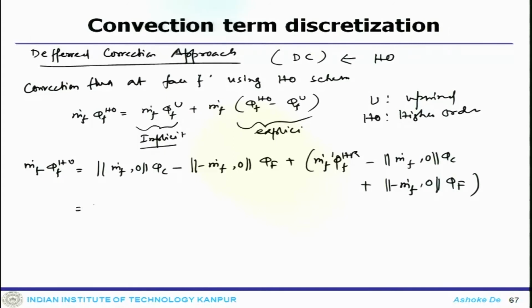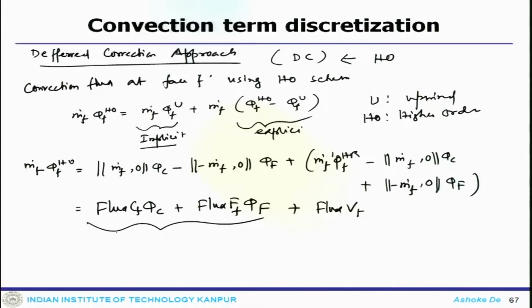This is equivalent to flux C f phi c plus flux F f phi f plus flux V f, where the first two are implicitly evaluated and the last is explicitly evaluated.